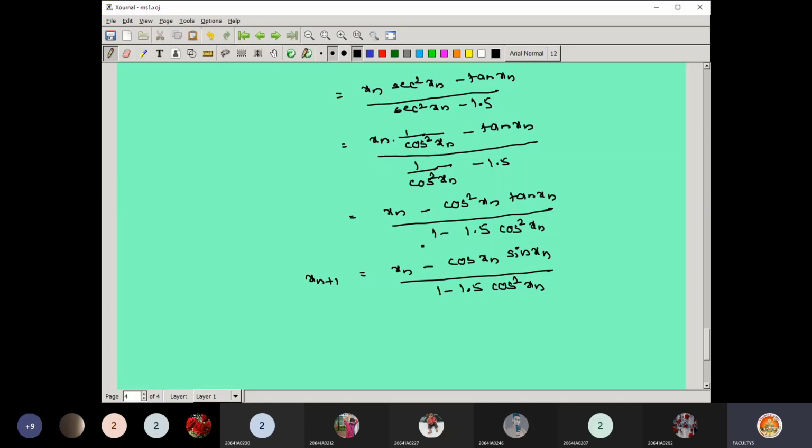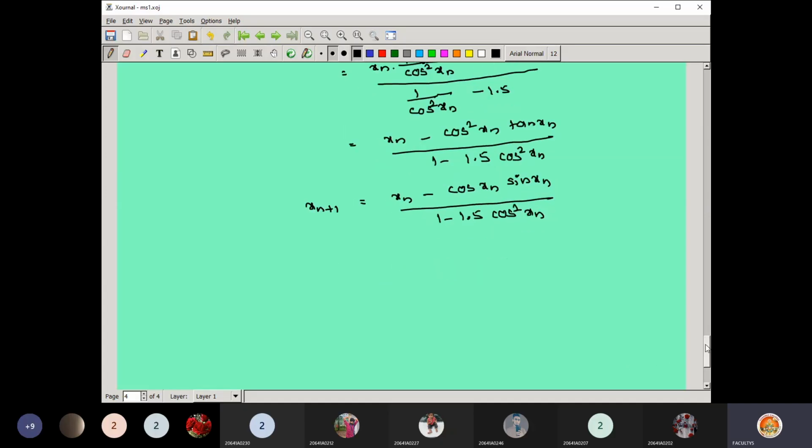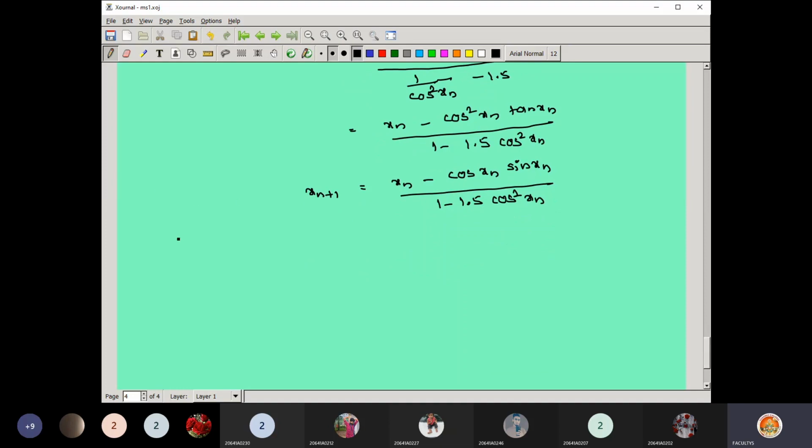And now directly substitute n equal to 0 here. For n equal to 0, you are getting x1 equal to x naught minus cos x naught into sin x naught, total divided by 1 minus 1.5 cos square x naught.